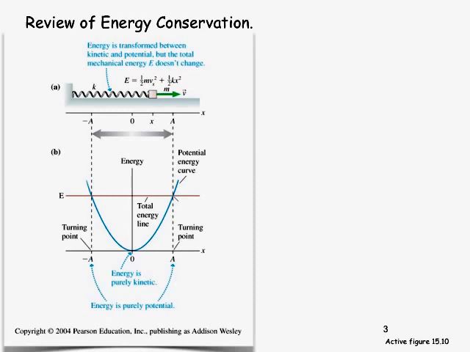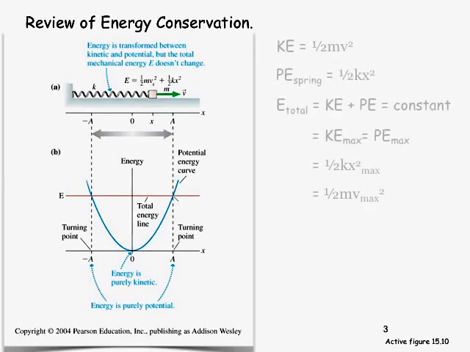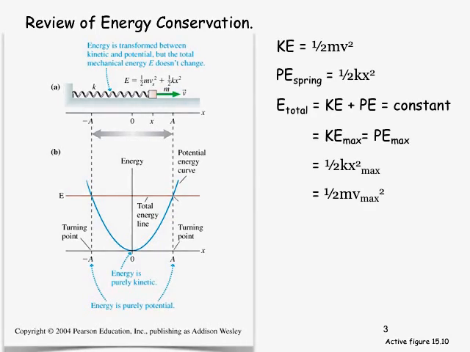A review of energy conservation. What you're looking at is a plot of energy conservation, an old plot that we've seen before, where the total energy is kinetic energy and potential energy of a spring. Recall the equations for kinetic energy and potential energy of a spring.